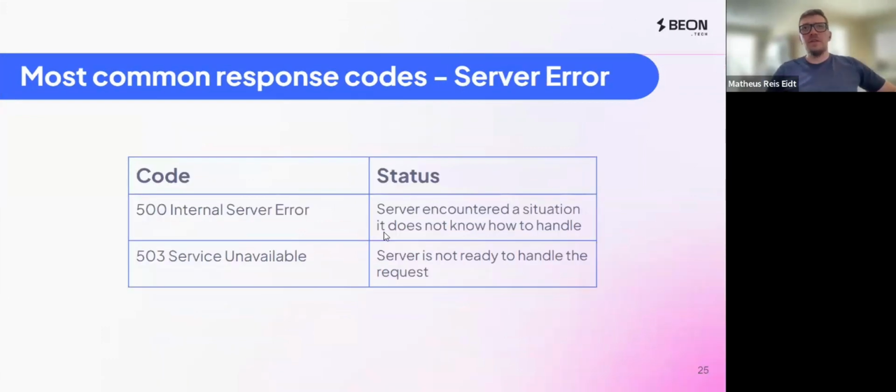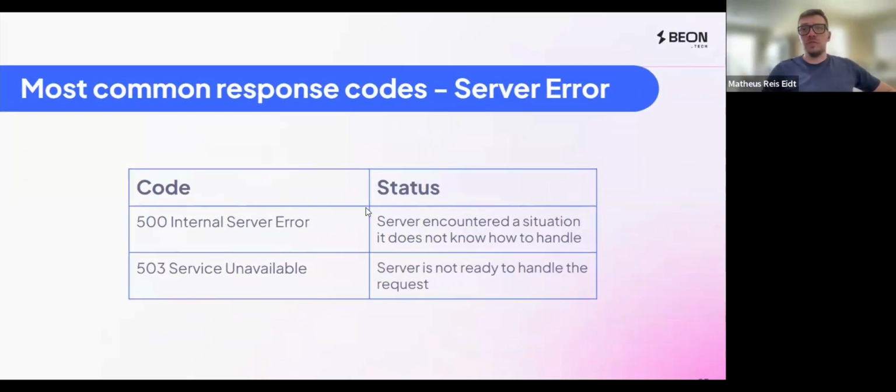Next, we have the 500 range, and this is used for server error messages. The 500 Internal Server Error means that the server encountered a situation it does not know how to handle. This is an error you want to avoid, because probably you did something wrong in your code.